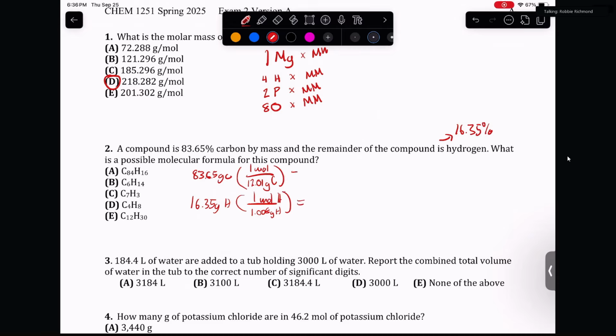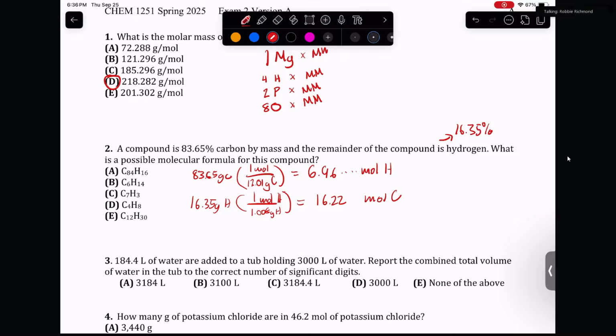Get that? I get 6.96 goes on for a while, and 16.2. Next step is to divide by the lowest amount of moles to get a ratio of each element.